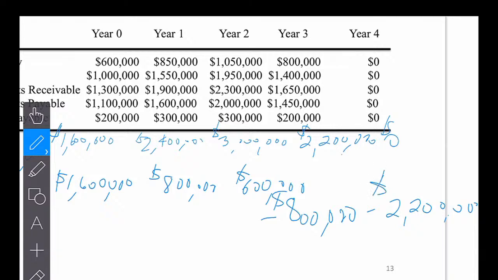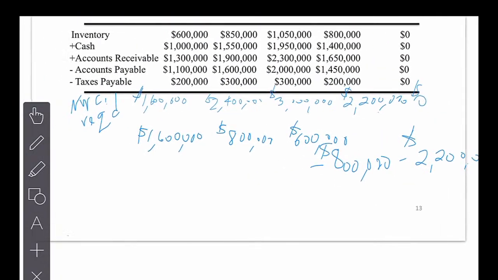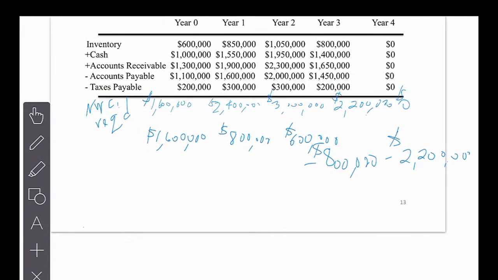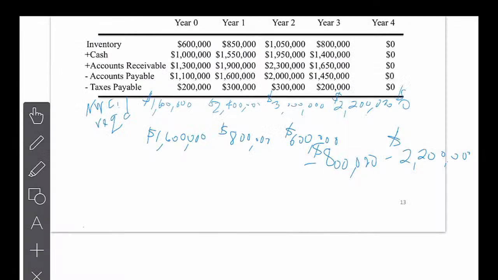I have it neatly done to avoid this. The main thing is to realize how to make the calculation, okay? That's what I want to get out of this. I refer to this as net working capital changes. So these are the net working capital changes. So that's how much we need.